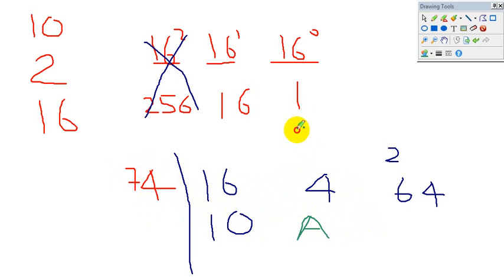So it's 4A. And this is what we were talking about earlier when looking at our decimal numbering system. We stop at 9, and the next annotation is not 10, it's the letter A. It's not 11, it's B. It's not 12, it's C. And so on.